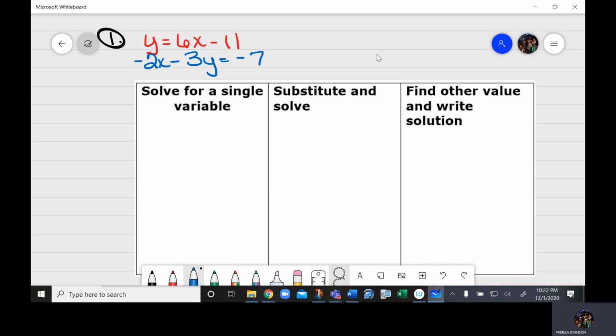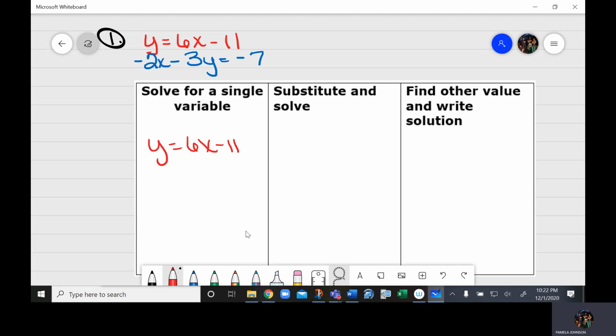In this case, we already have one variable by itself. If we look at our first equation, y equals 6x minus 11, that already has y by itself. So we're good with that. We don't have to do anything else on this step.